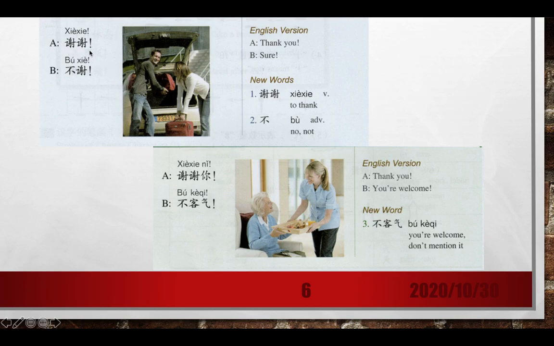So 谢谢, 谢谢你, 谢谢你们. And then the other person could reply 不谢 or 不客气. Great.